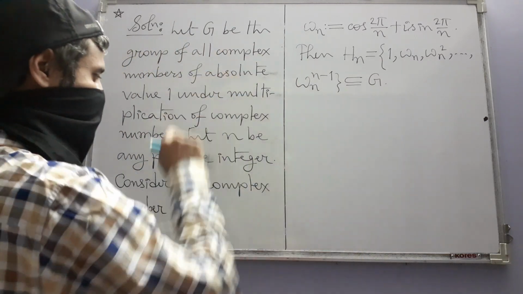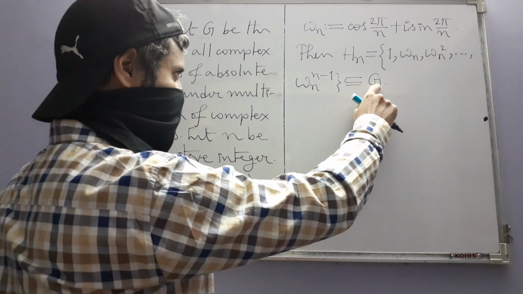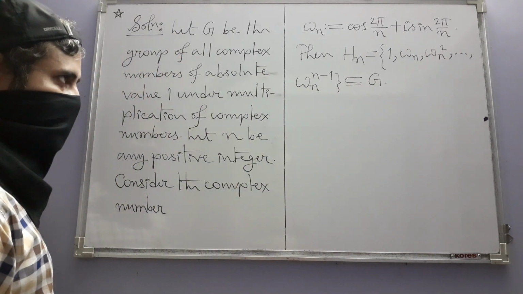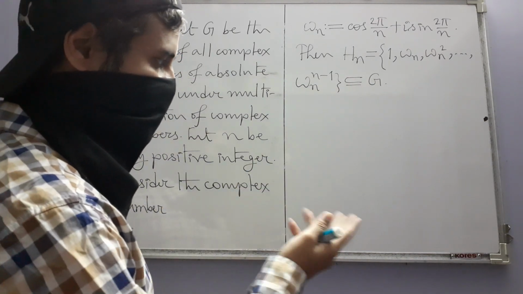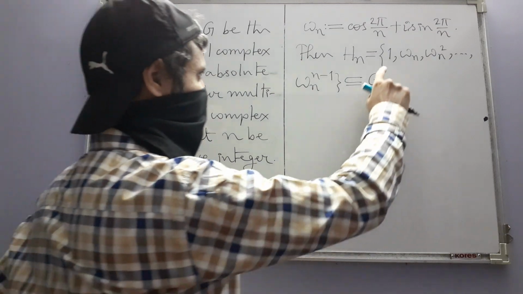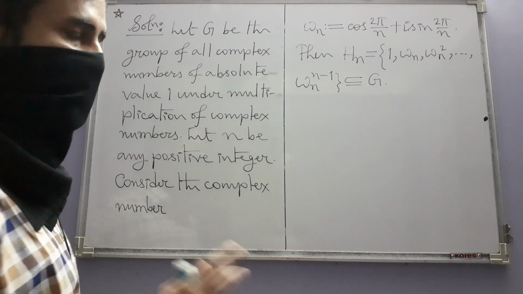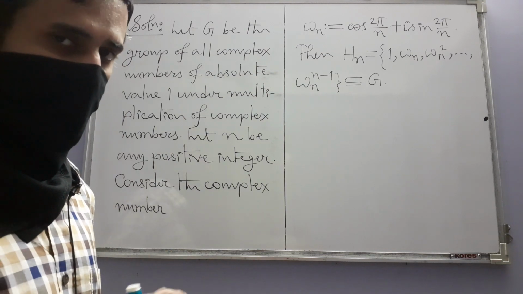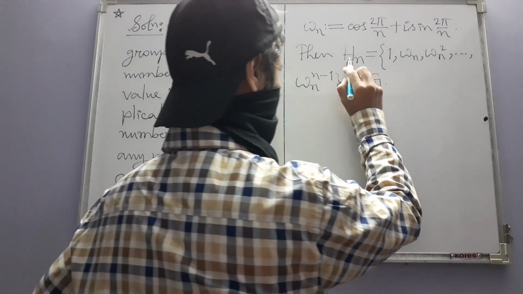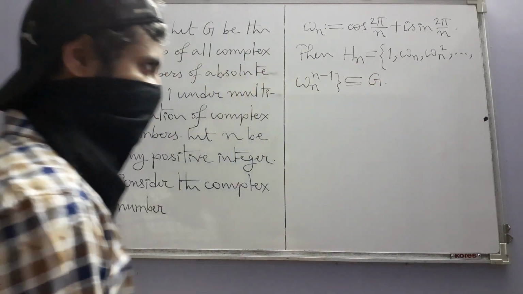That means omega n is a complex number that belongs to G. So then, from properties of absolute value, all these powers of omega n also are complex numbers of absolute value 1 automatically. So Hn becomes a subset of G.